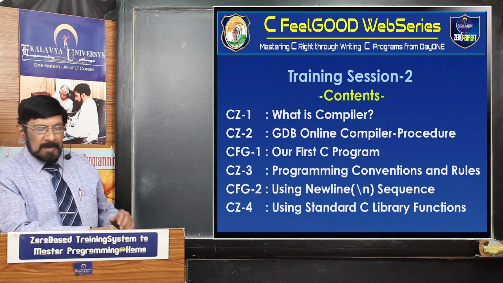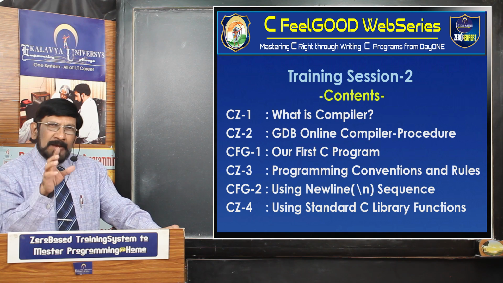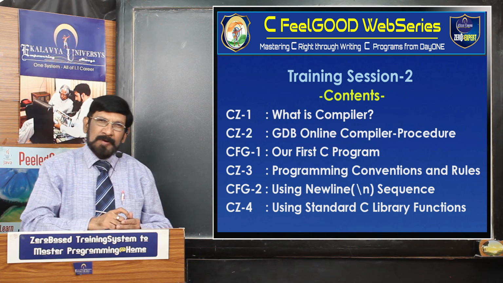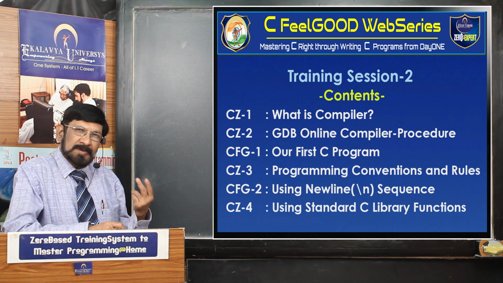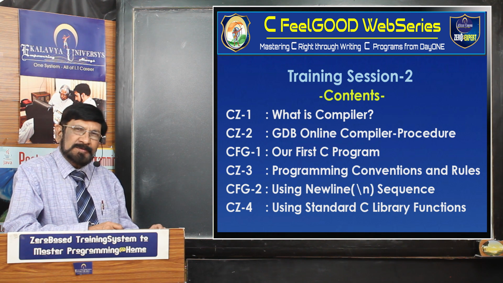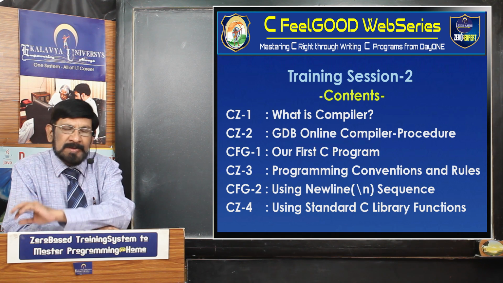And one more thing, if you learn multiple languages like C, C++, Java, on one compiler only you can perform all the programs. One more advantage, three web series I am releasing now: C web series, Java web series, and Python web series. Almost the same programs I am giving in each language.